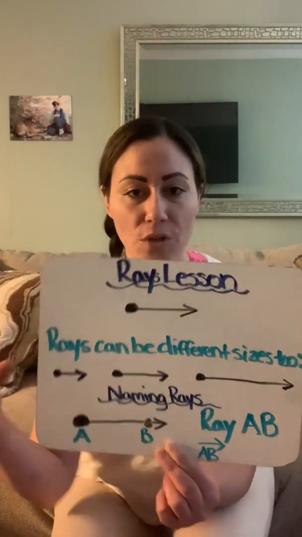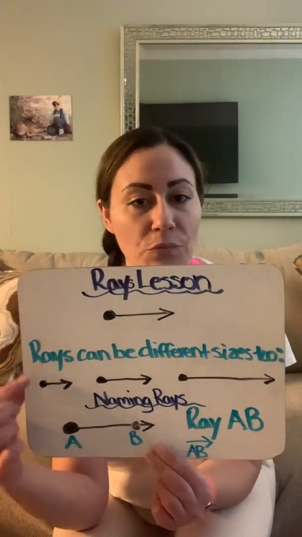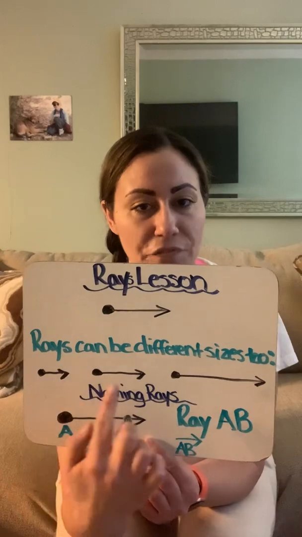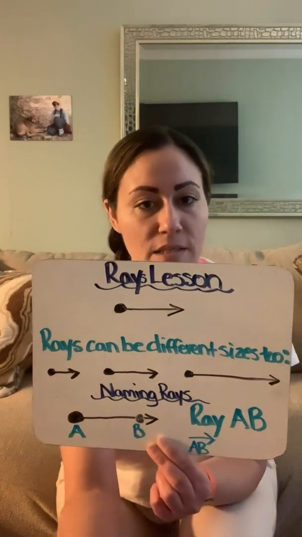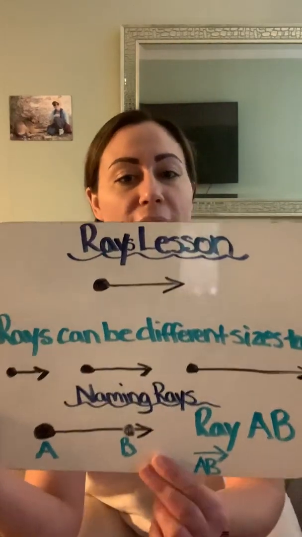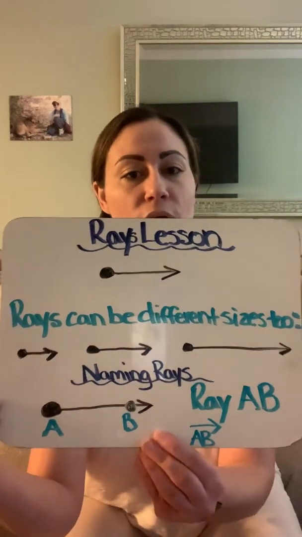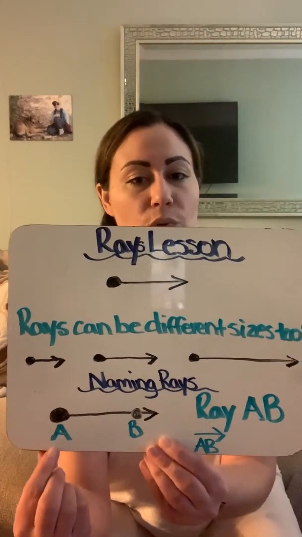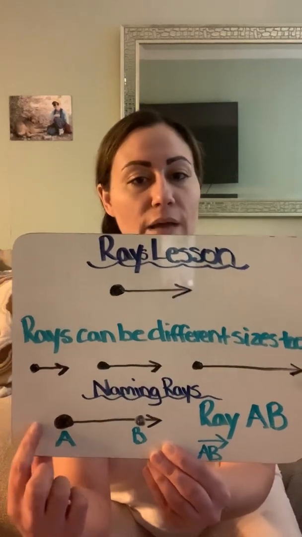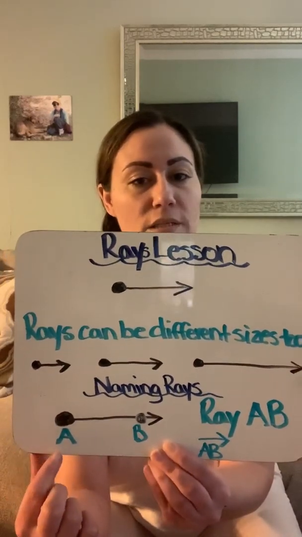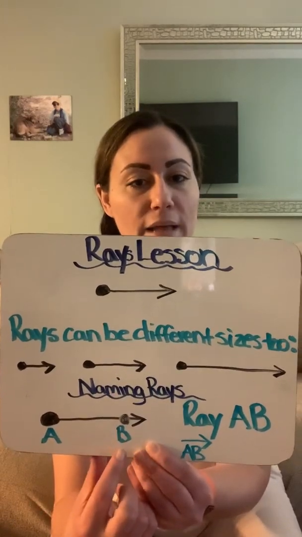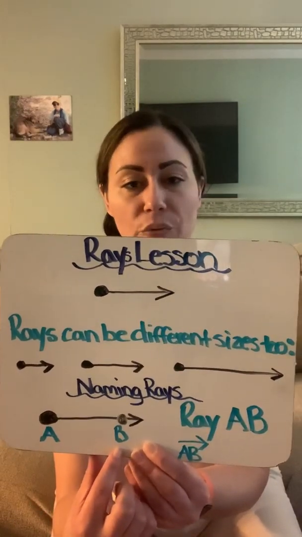Okay? Just like a line, rays can be drawn in different ways. They can look different and be different sizes. When we're naming rays, you would have 2 points. You would label the endpoint where the ray starts A, then draw a second point and label it B, or whatever letters you would like.